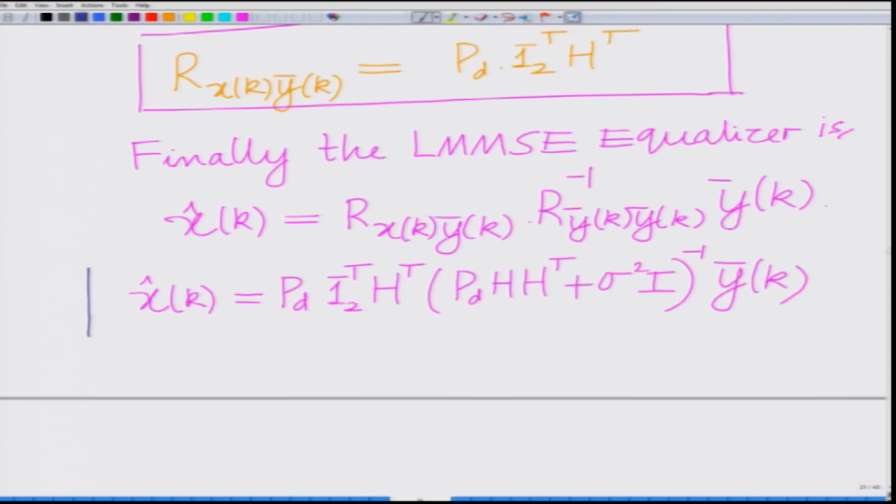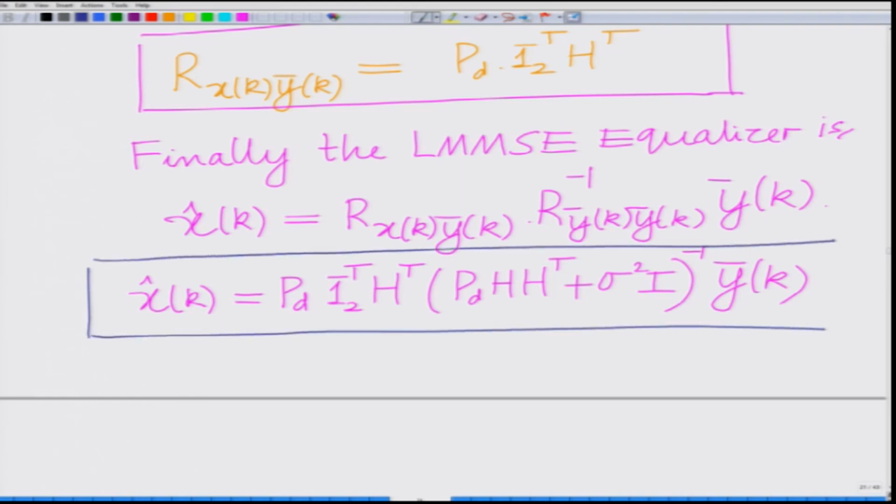This is your neat, elegant expression, the LMMSE equalizer.